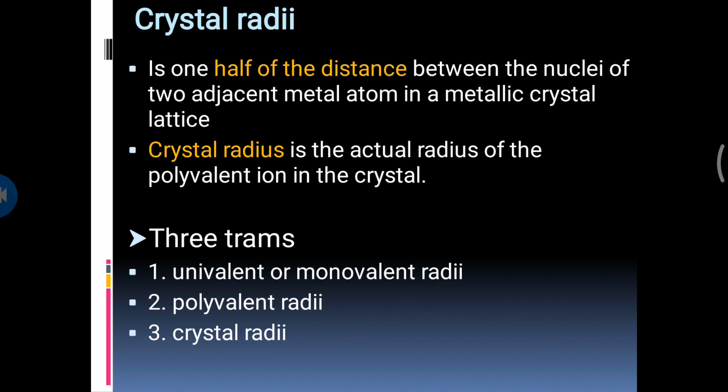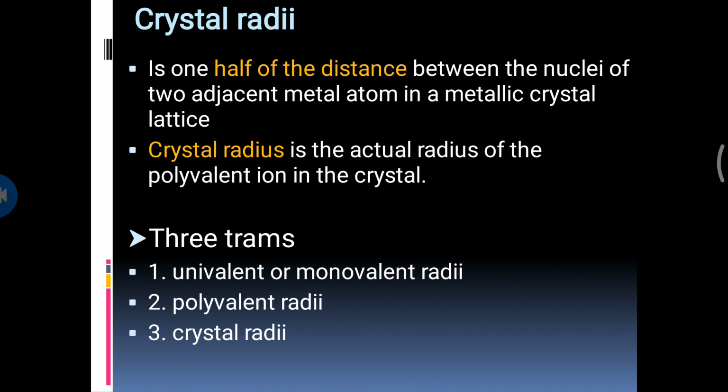If we convert polyvalent radii into crystal radii and then calculate, the observed and calculated values are equal. So we need to convert polyvalent radii into crystal radii. There are four different terms: univalent, monovalent, polyvalent, and crystal radii.